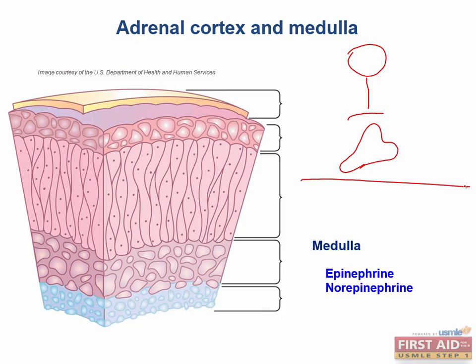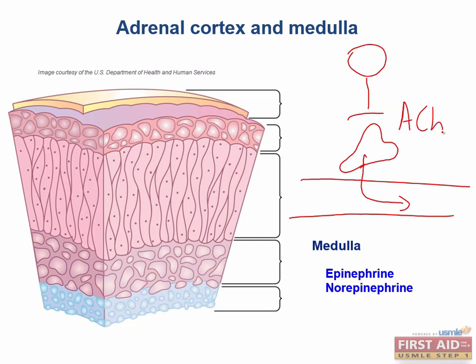However, instead of secreting it onto a muscle fiber, the adrenal medulla secretes epinephrine and norepinephrine straight into the bloodstream. While we're on our fun little tangent back into autonomic land, anyone remember the neurotransmitter secreted by the preganglionic neuron?